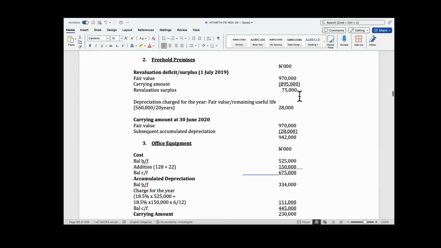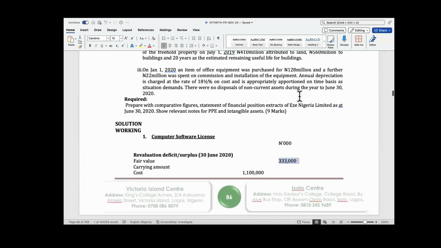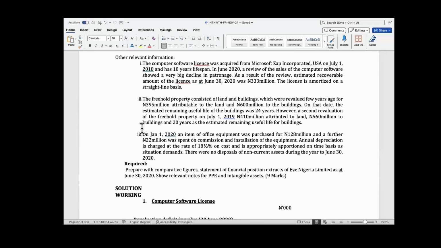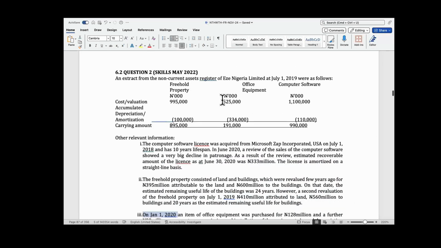All these we did in our last class. Then the final one here is this third one, this office equipment. The only thing happening here is that they bought it during the year. That means depreciation is going to happen during the year. So where is the office equipment? Okay, it started from 525.